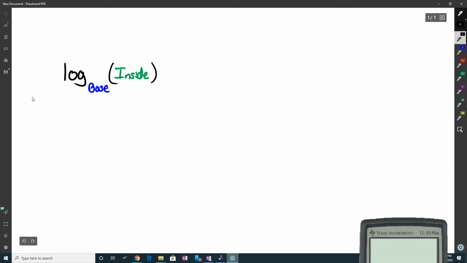So let's say that the answer here is a question mark. And what you do instead is you convert this. So the base is still the base. The answer becomes the exponent, and the inside becomes the answer.